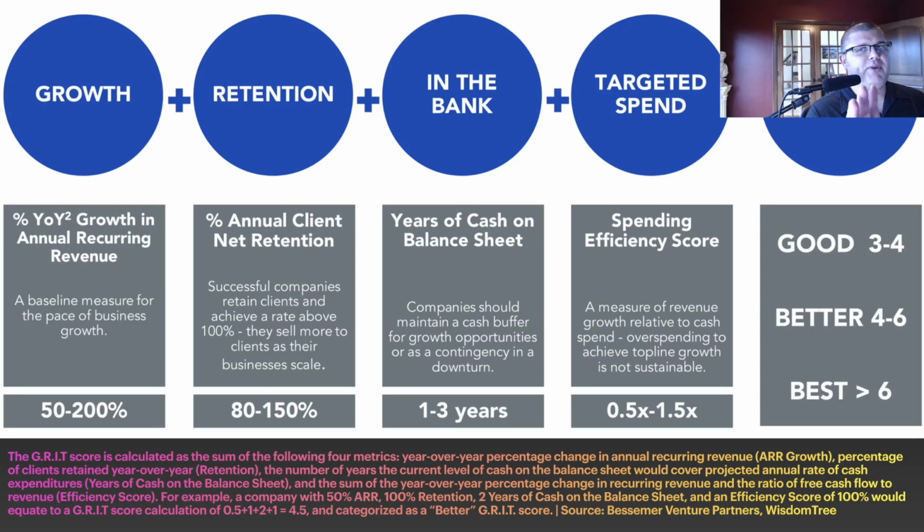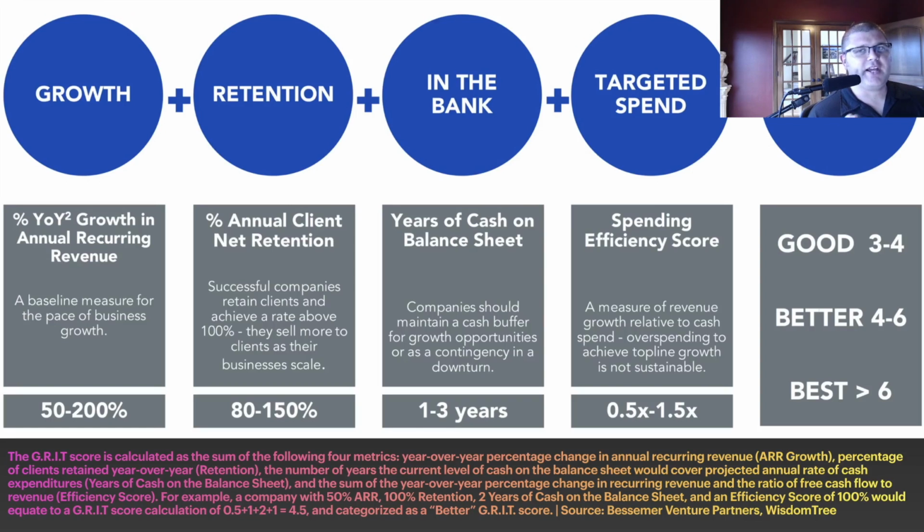Now, this is a much better way to measure a company and the health of the company versus the Rule of 40 because there's a lot more that goes into it, as you can see. The GRIT score is calculated as the sum of the following metrics: year-over-year percentage change in annual recurring revenue. You'll also hear that called ARR growth. So if you've listened to any of the Splunk earnings calls, the last couple, they've really been hammering home ARR growth.